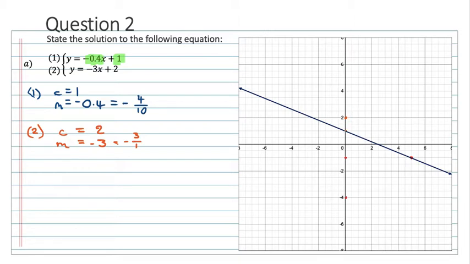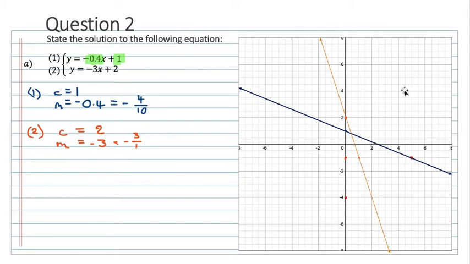So we'll go 1, 2, 3 here, and then we'll go across 1, so right here. So we've got our 2 points. Now I'm going to draw my line. Bingo.